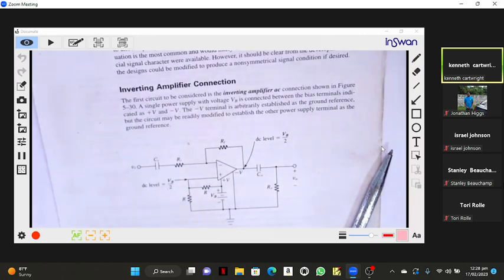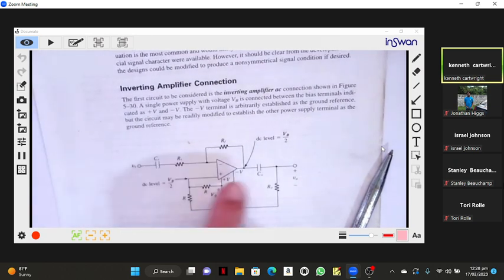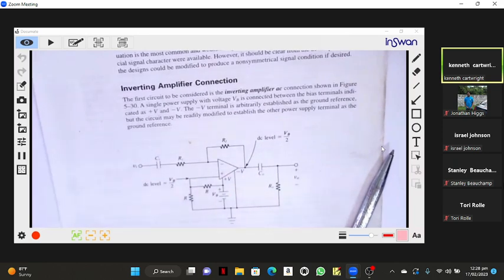We talk about the purpose of coupling capacitors in 235. We want both of these capacitors to have low reactance, because we want them to look like a short circuit. We want them to look like they're not there for AC. It's just a wire as far as AC is concerned.